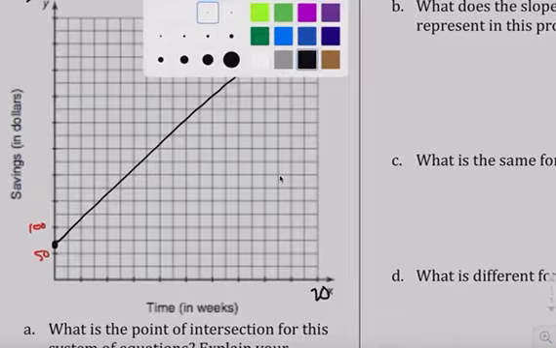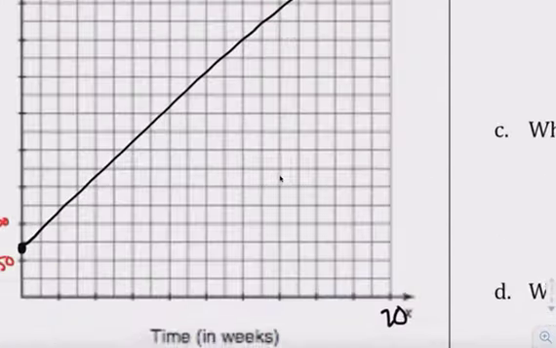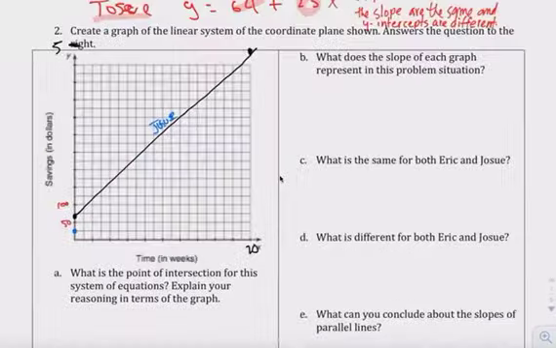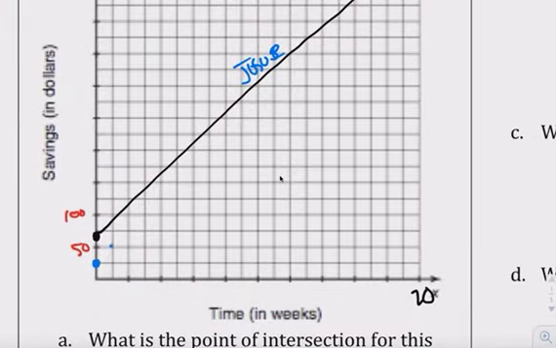Okay, now, Eric goes at 25. He's right here. That's Eric. This is Josue. Eric is at 25 and goes up 25 over 1. Oh, that's easy. 25 over 1, 25 over 1. These are ones. Look, see how the lines never meet?